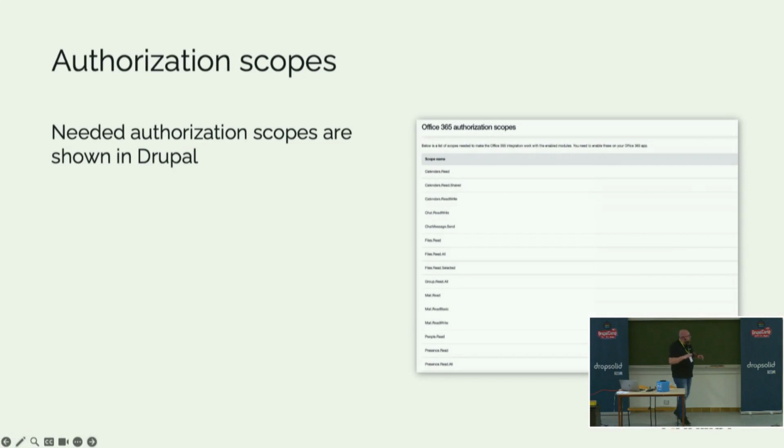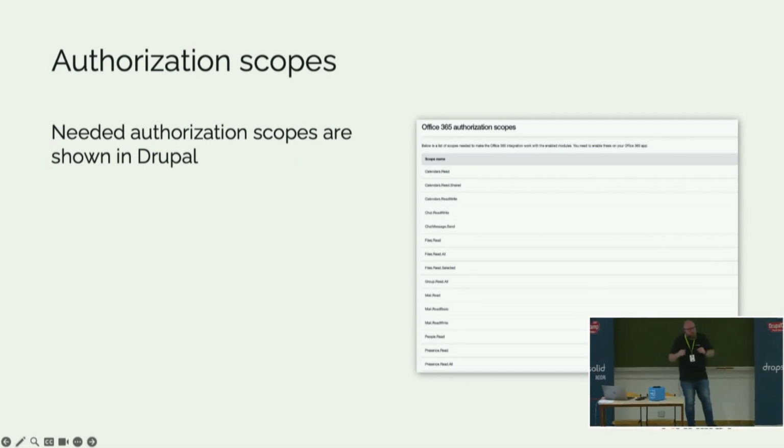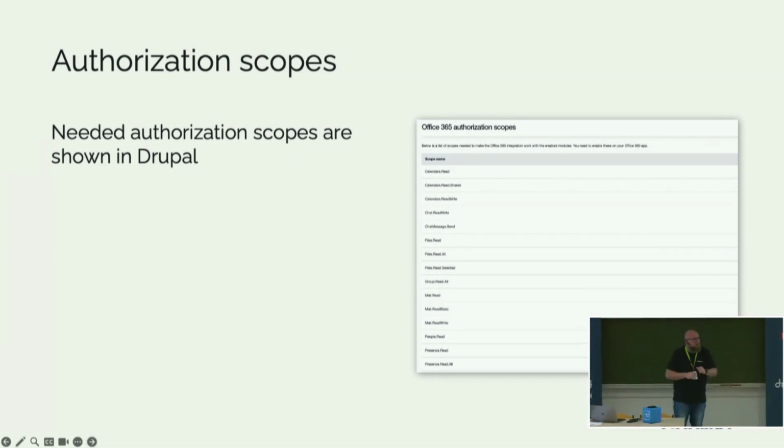To be able to get data from Microsoft, you need to have permissions. While creating the app in Microsoft, you need to specify which permissions you would like to give users to get or send data to Microsoft. Those are called scopes.